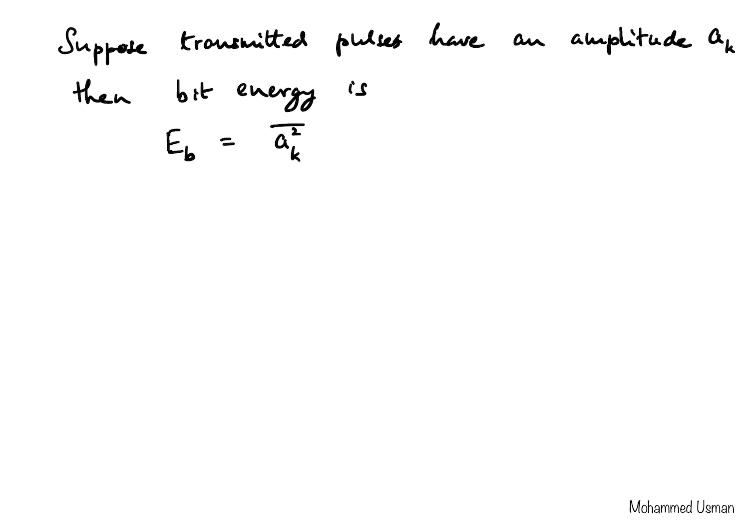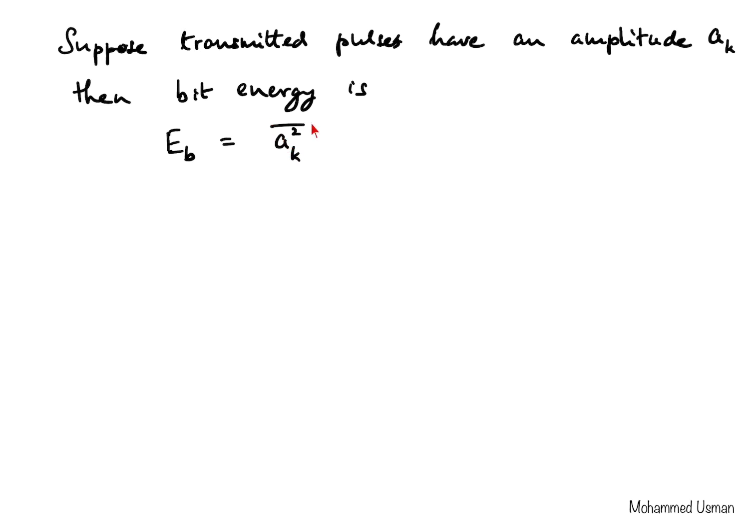If it is the same throughout the duration, then it's simply A k squared. But if it is some other shape where the amplitude has a peak value of A k in the middle and then becomes lower away from the middle point of the pulse, then we define the bit energy as the average value of the squared peak amplitude.